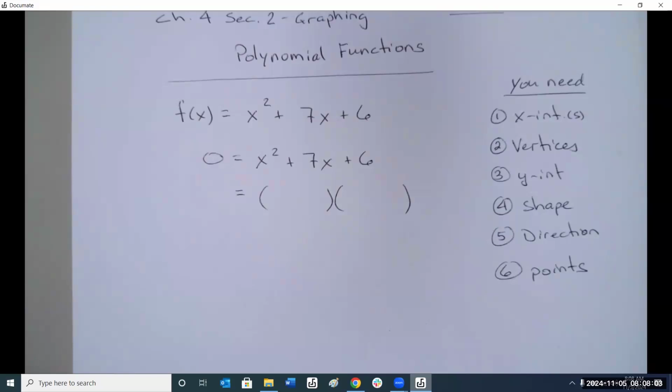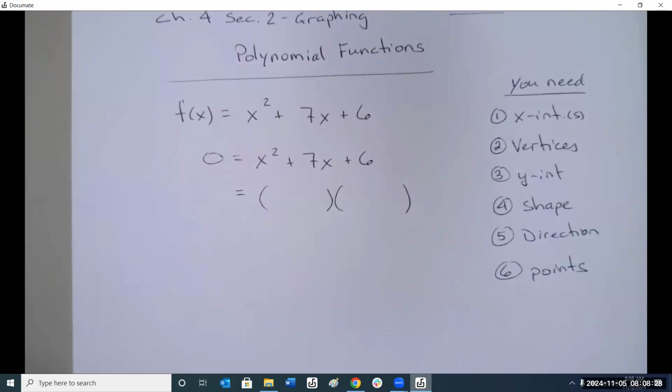Why did I put two parentheses there? Two sets of parentheses. What do we know about this equation? We know the name of it. It's a parabola. It's quadratic. What does that mean to us? It's symmetrical.